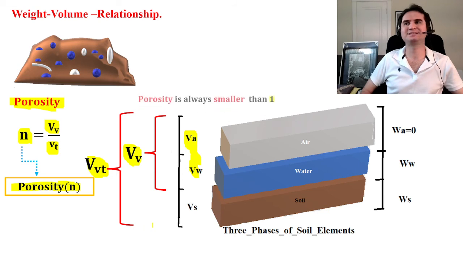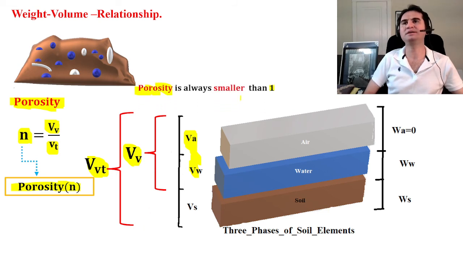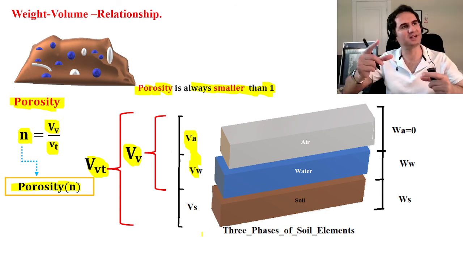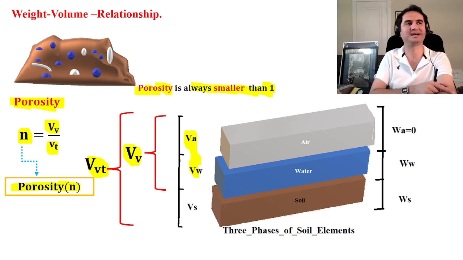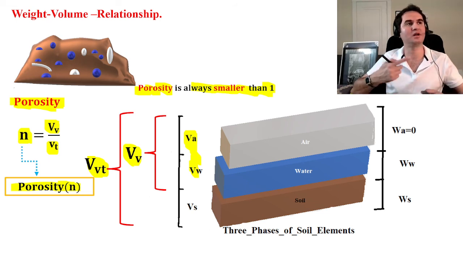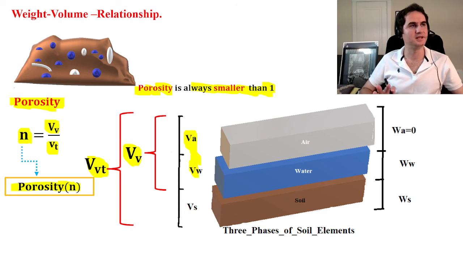So one can easily say porosity is all the time smaller than 1. You can never have a chunk of something bigger than the total of that. That's why porosity is always smaller than 1 in any scenario.